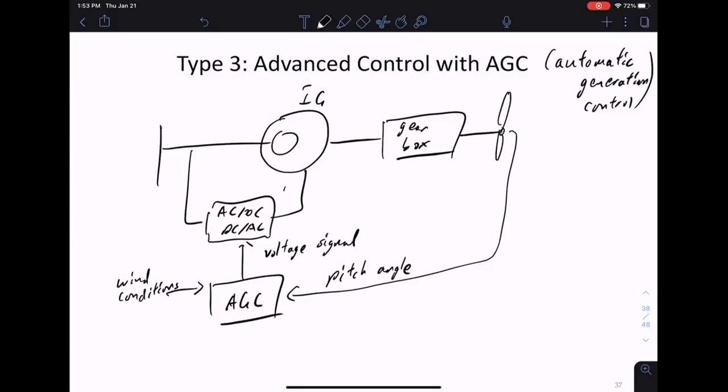We'll get to type 3 and see how this works. In more detail, the converters look like a developed load on the machine, and that in turn impacts the slip.